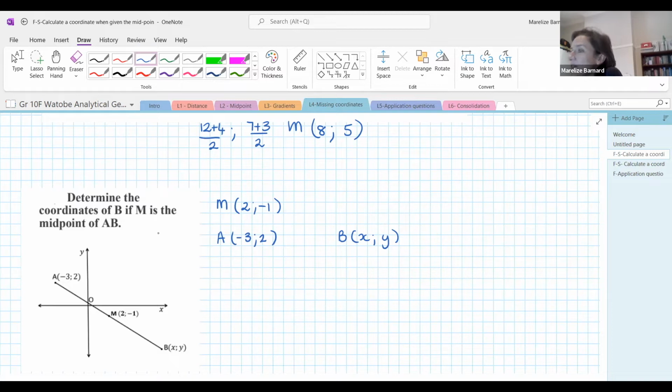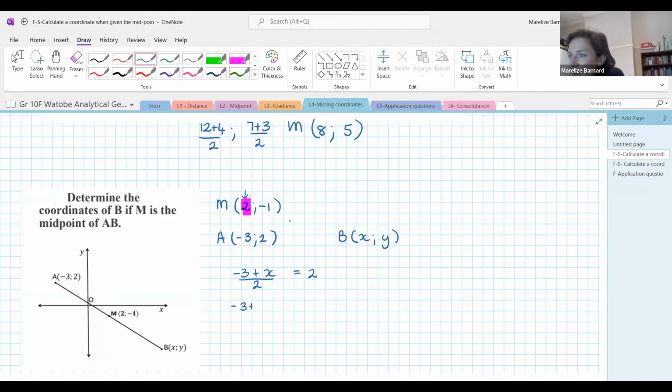If I understand you correctly, you're basically saying, let's make an equation using the midpoint formula. So we're going to say minus 3 plus that x that we don't know the value of, and divided by 2. And we know that the midpoint is 2, so we make it equal to 2. And then we're going to times by 2, because like you say, to get rid of that 2, but what I do on one side, I must do on the other side.